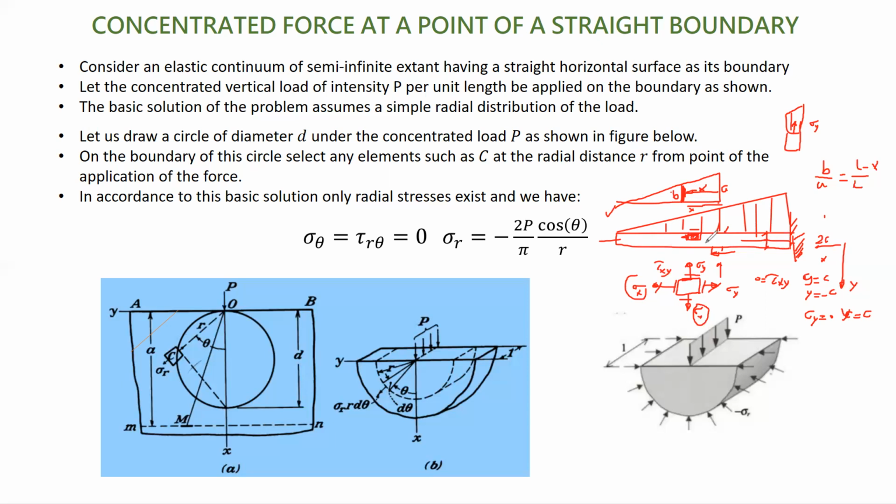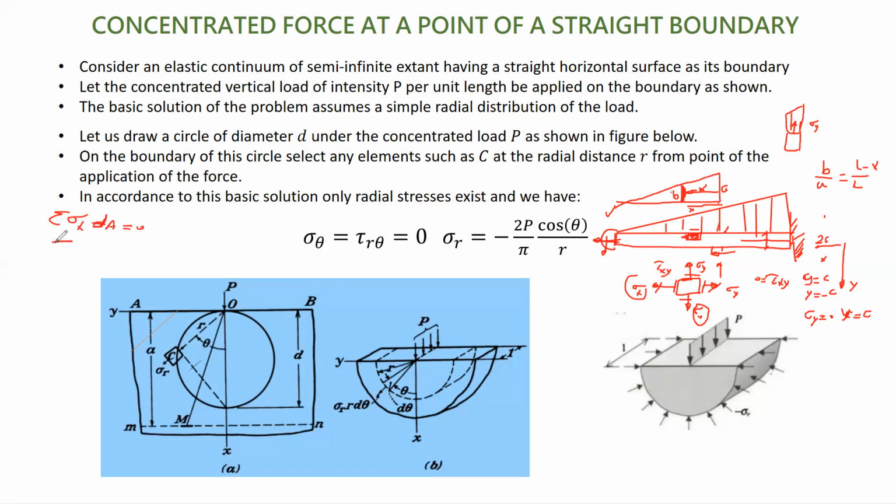What about left and right? The left-hand side is free. So there is no shear load here, and there is no axial load here, and there is no moment here. So I should show that the integral of the stresses sigma x dA over the surface area should be equal to 0.